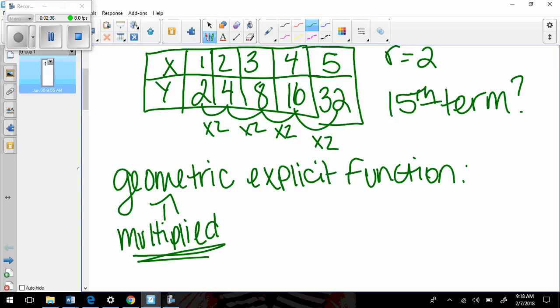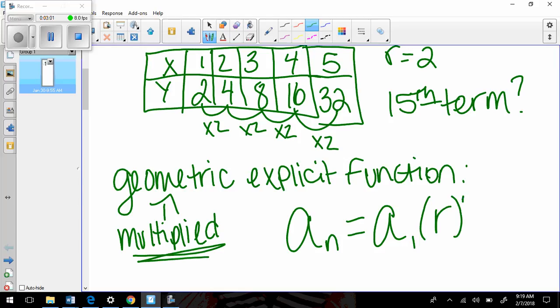And in a geometric sequence, we are going to see a few different variables than what we're used to. So if I want to find the 15th term up here, I would use this geometric explicit function. Written out algebraically, it is a sub n equals a sub 1 times the rate to the n minus 1. Now these a's and n's all mean different things.